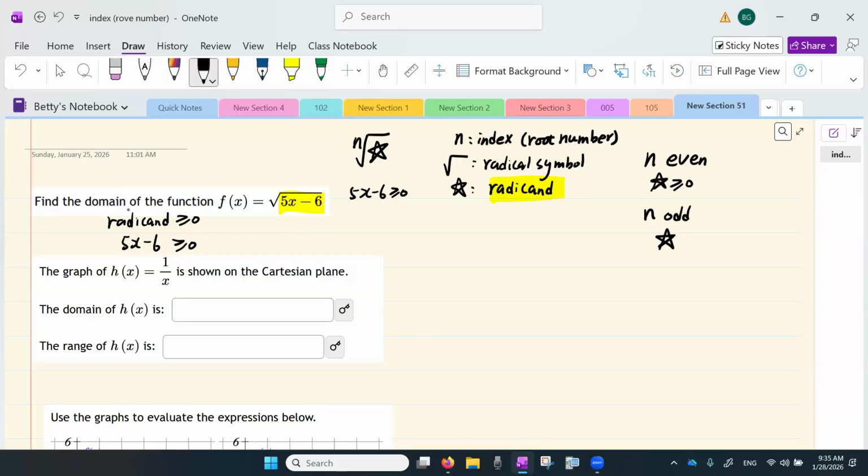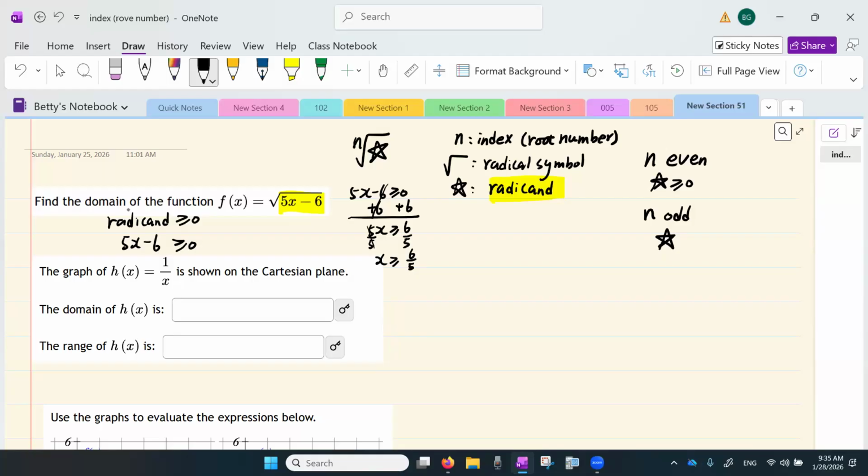All right, let's solve it. We can add a 6 to each side. 6 and negative 6 cancel. We have 5x bigger than or equal to 6. And then divide each side by 5. 5 over 5 is 1, so x is bigger than or equal to 6 over 5. Or you can say 6 over 5 is 1.2 as a decimal.